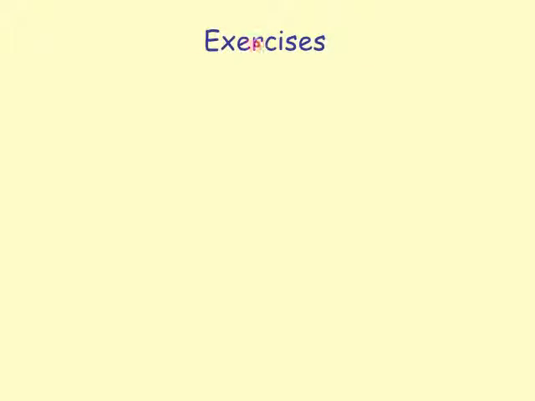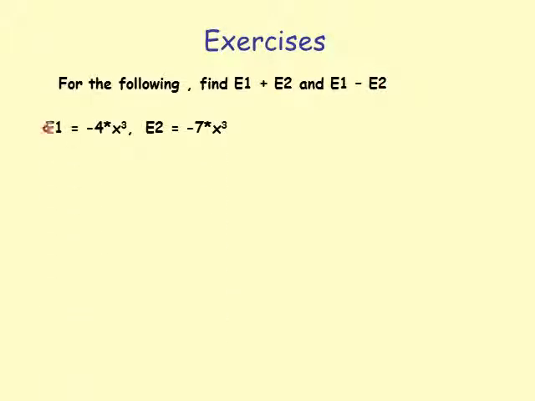Let's do some exercises now. We will try to find E1 plus E2 and also E1 minus E2. The first exercise is E1 equal to minus 4x cubed and E2 equal to minus 7x cubed. The exponent is 3, and the coefficients are minus 4 and minus 7.